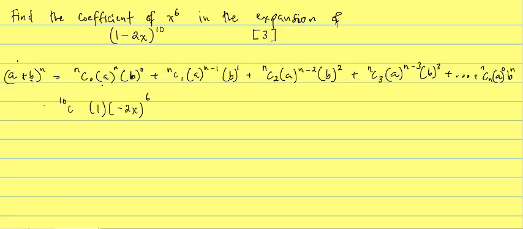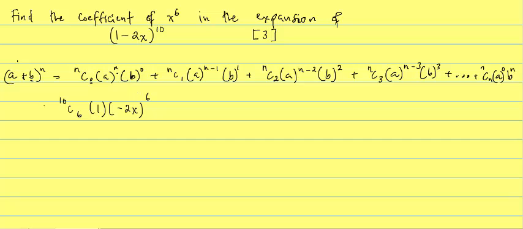Now one other consideration on the binomial theorem is that the power of b is also the value of r in the nCr form. So here the power is 6, so the r is also equal to 6, so 6 has got to be inserted here.